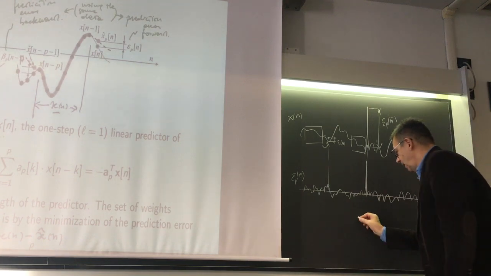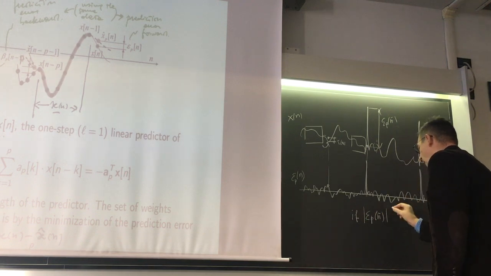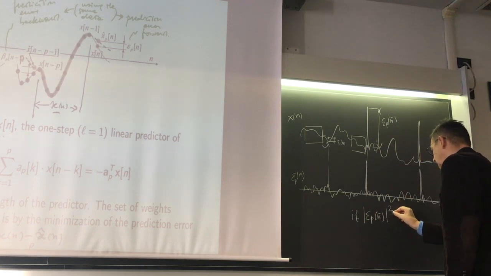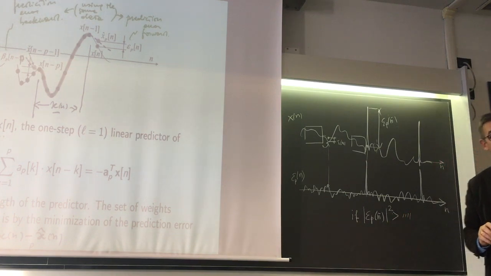So that means if epsilon p of n squared is larger than a certain value, okay?